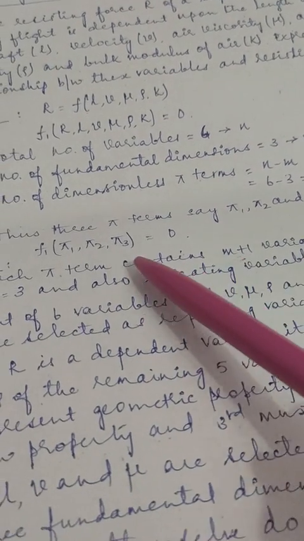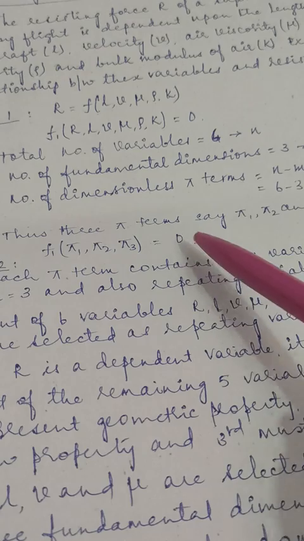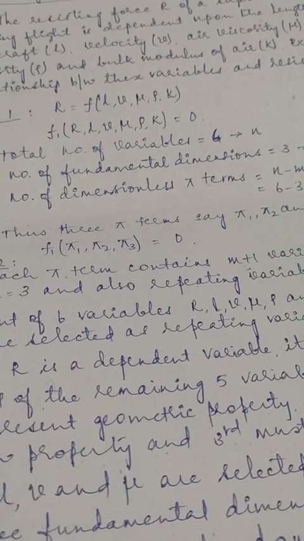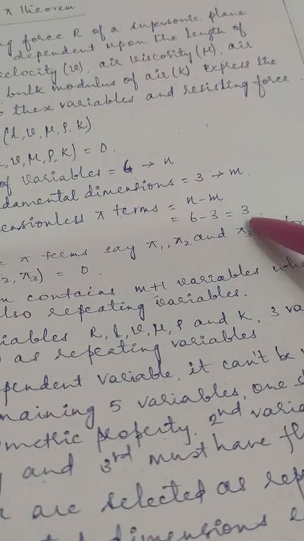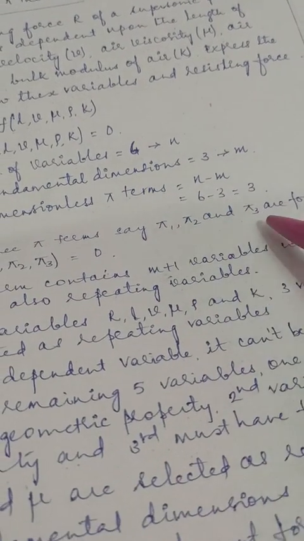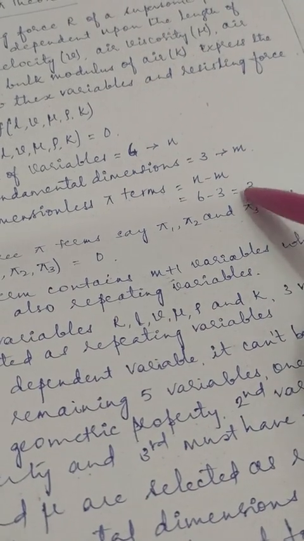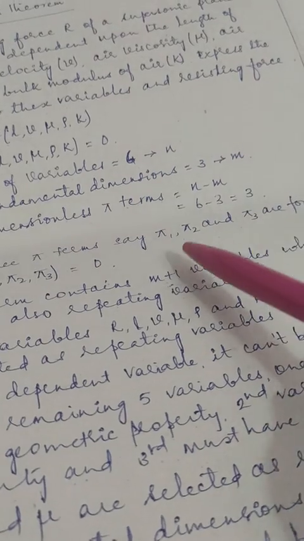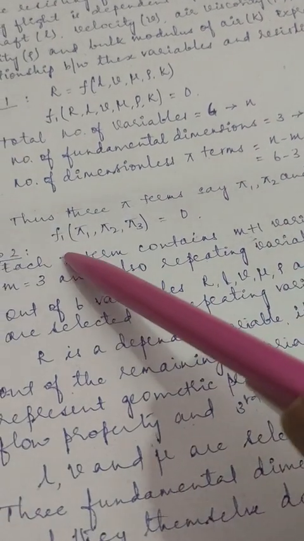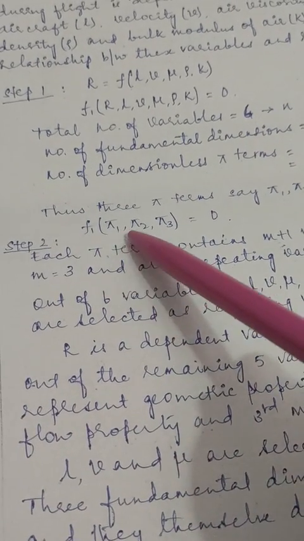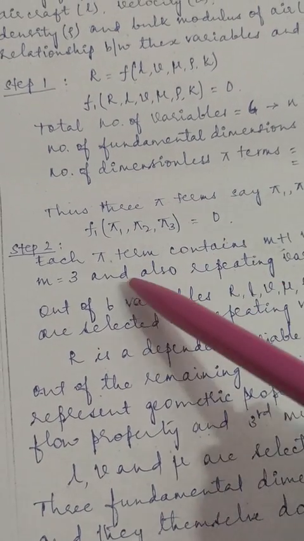That means we have pi 1, pi 2 and pi 3. If n minus m becomes 4, then we have one more pi term, pi 4. If it becomes 5, we have pi 1, pi 2, pi 3, pi 4, pi 5, and so on. Now function of pi 1, pi 2, pi 3 is equal to 0.